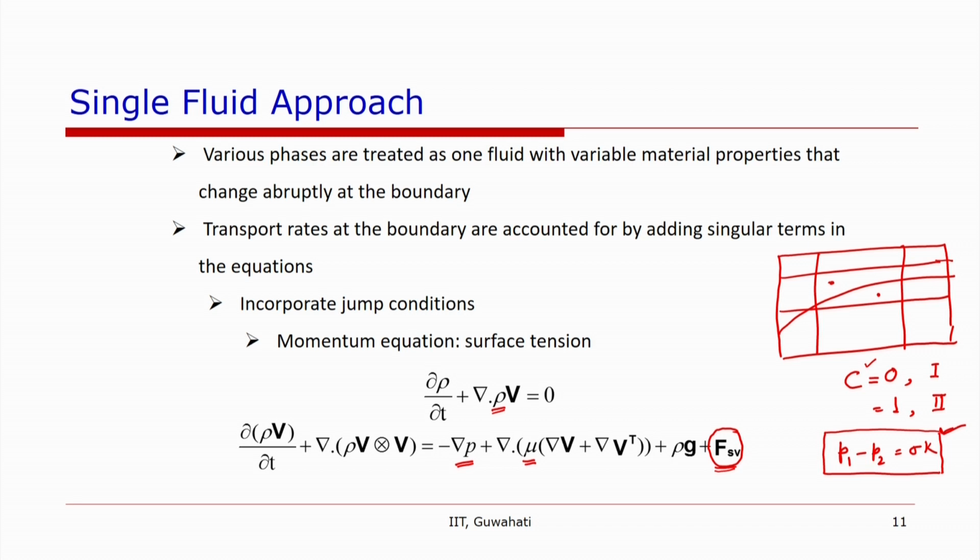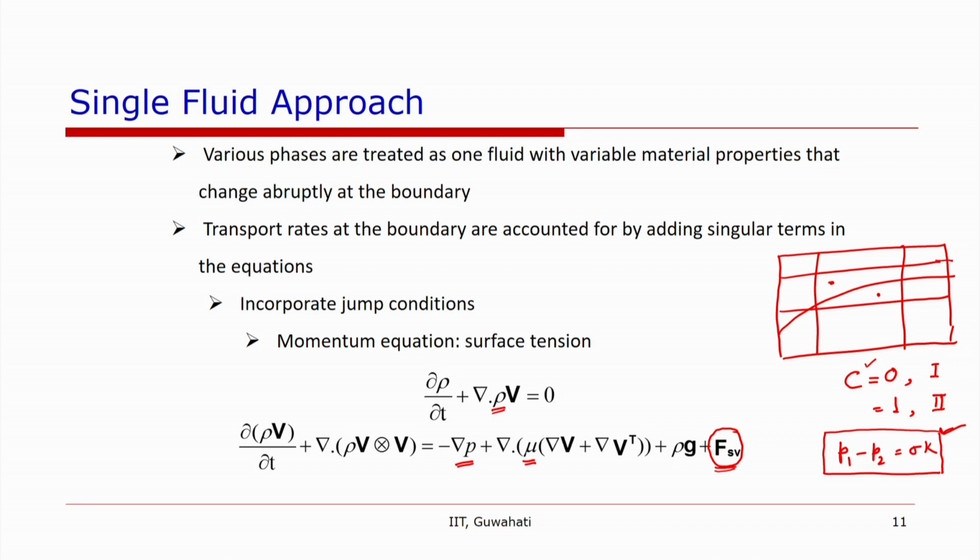Okay. So, in summary, in the single fluid approach, we still solve the Navier-Stokes equation for only one fluid. For this one fluid, we have the velocity, density and viscosity. These are the two properties of the fluids. Now, the question comes, which fluid properties?